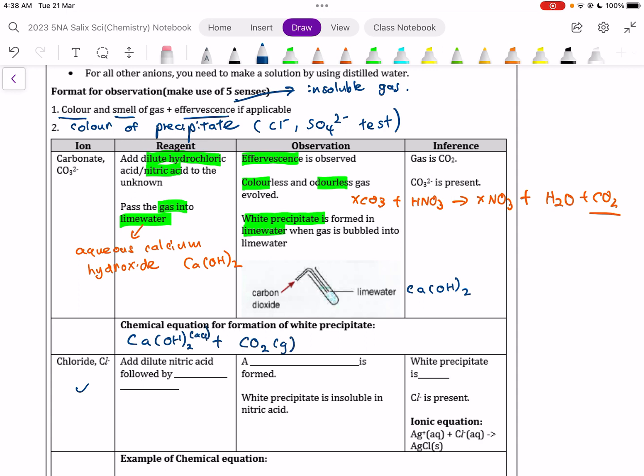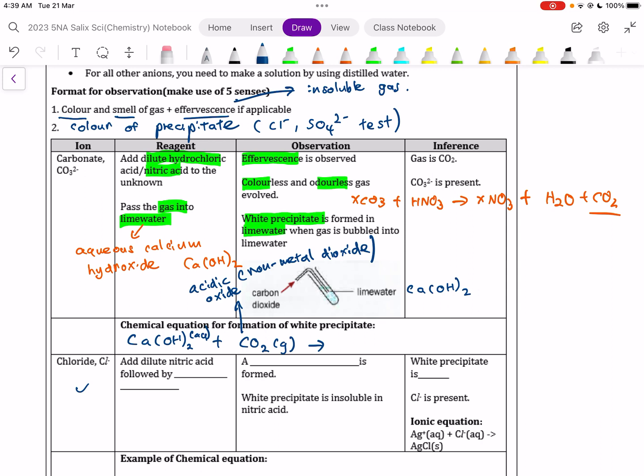If you recall, during our lesson on oxides, carbon dioxide is actually an acidic oxide. It's a non-metal dioxide, that's why it's an acidic gas. So this non-metal dioxide reacts with your calcium hydroxide, then gives you calcium carbonate.